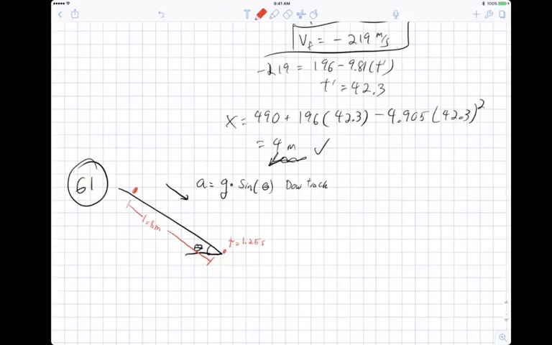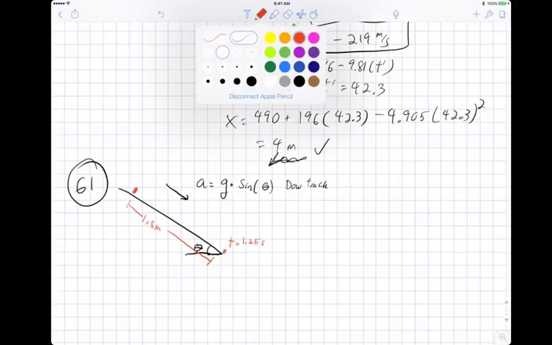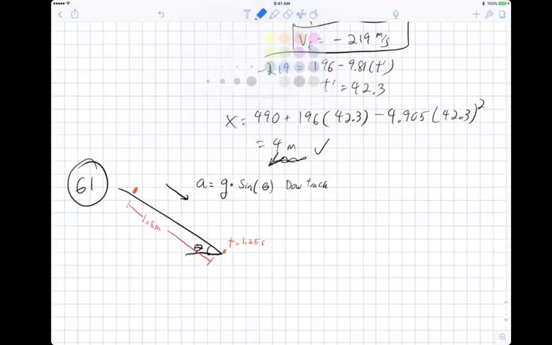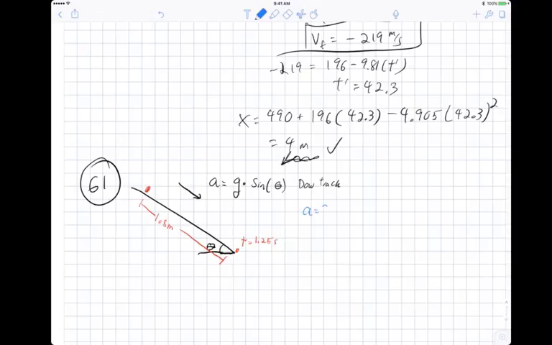So the trick to this, it's another constant acceleration problem. The trick here is that first we need to figure out exactly what the acceleration number is, and then when we do it, we can use this relationship to figure out what the value of theta is.